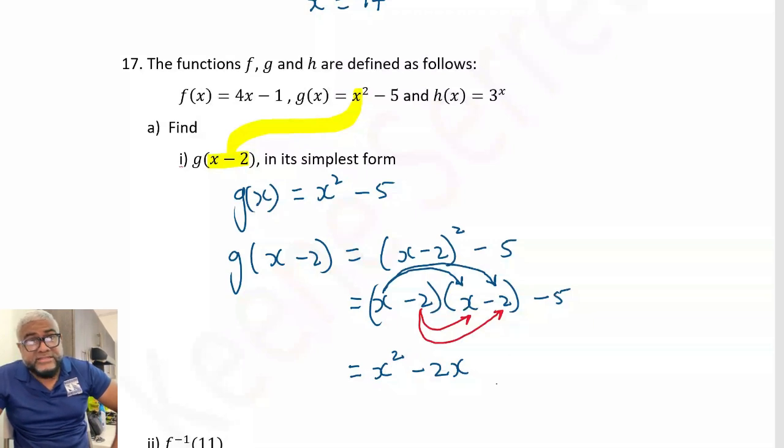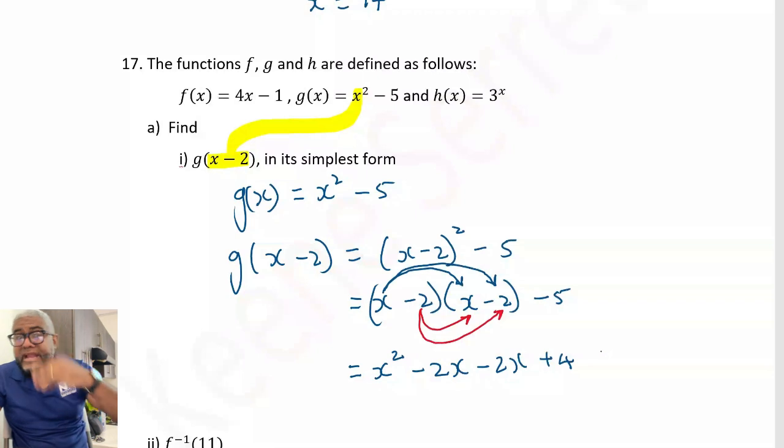Negative 2 multiplied by x, that is negative 2x, right? Negative 2 multiplied by negative 2. A negative by a negative is a? And then the minus 5, are they thrown into the dustbin? You have to put back the minus 5, right?